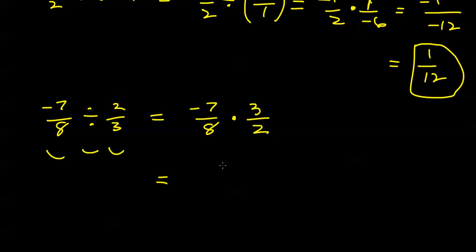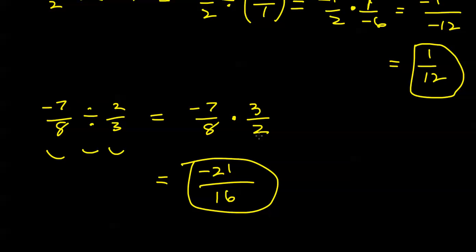Minus 7/8 times 3/2 would give me minus 21 in my numerator divided by 16 in my denominator. So no cross canceling going on here. Nothing I can do but multiply across and get the result minus 21/16. Okay.